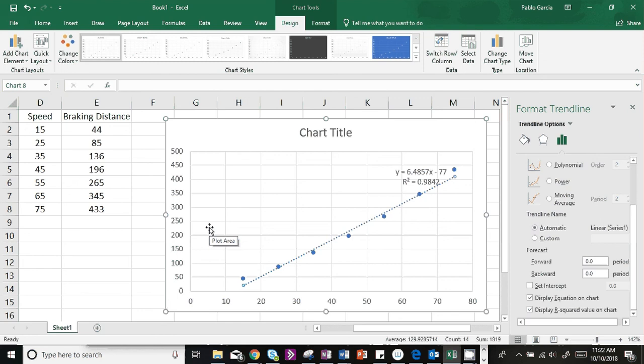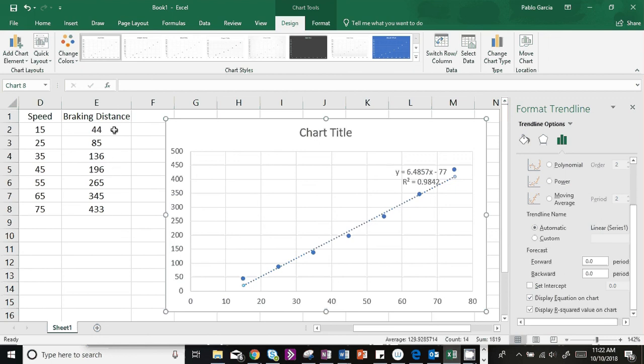And then the r squared, well, that tells you about why the braking distance, or the y values, are changing, right? These are varying, aren't they? It goes from 44 to 433. If there was no variability here, they would all be exactly the same number, right?